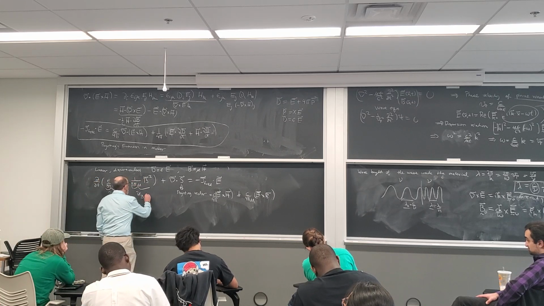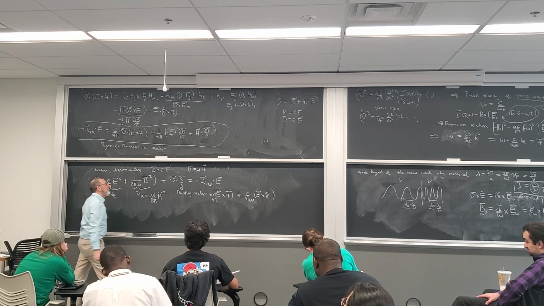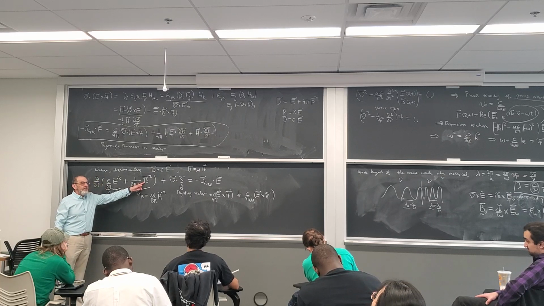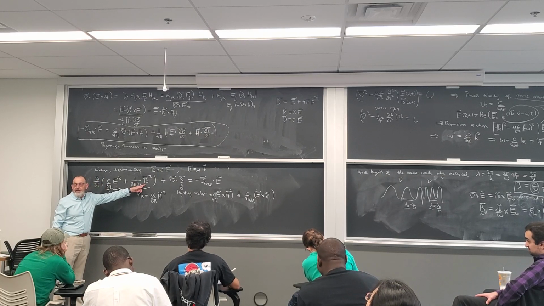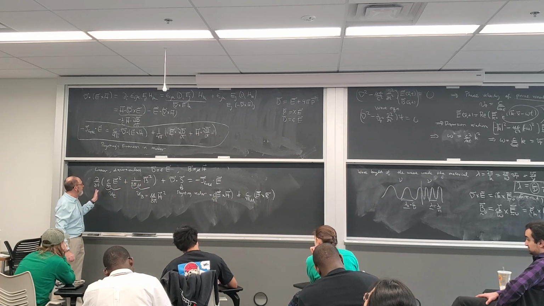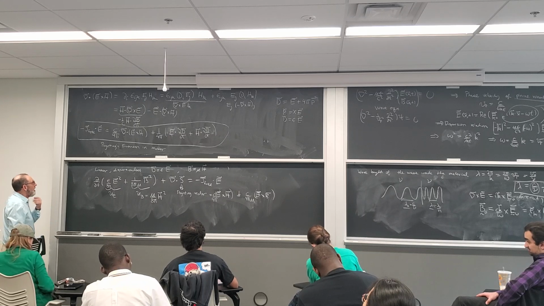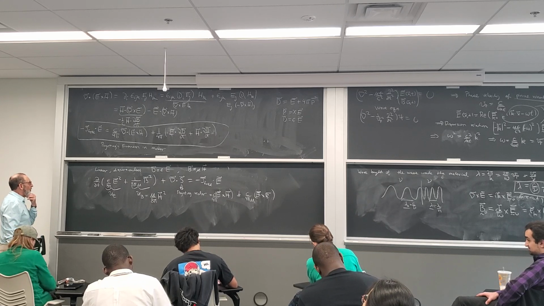We can also write this, as we sometimes do, as mu over 8 pi H squared, because B is equal to mu times H. So B squared has a mu squared, and this looks a little bit more parallel, okay? Very good.